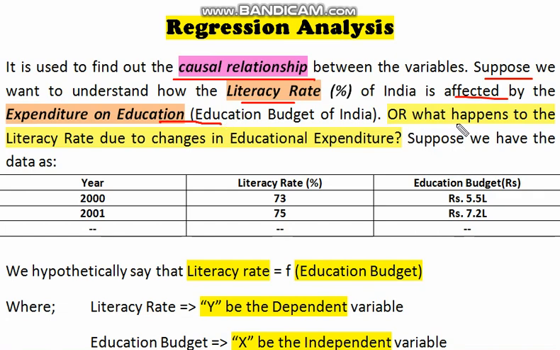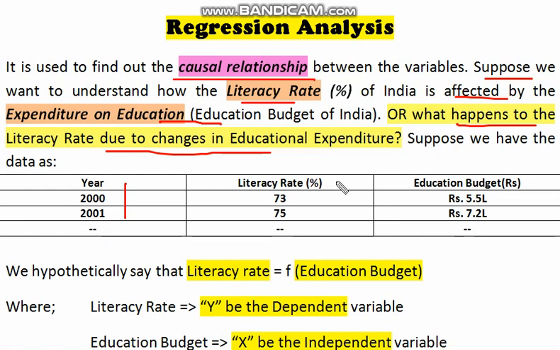Or we can say, what happens to the literacy rate due to changes in the educational expenditure of, for example, India. Suppose we have the yearly data, let's take for example the period 2000 to, say, 2019.